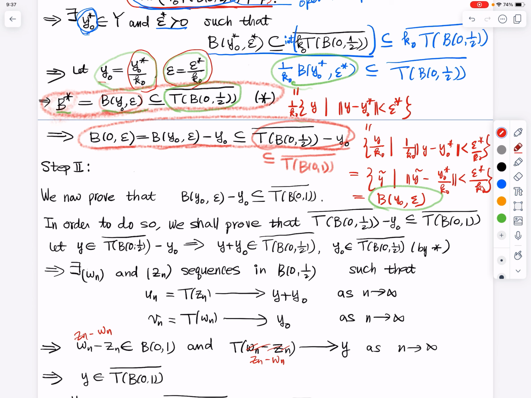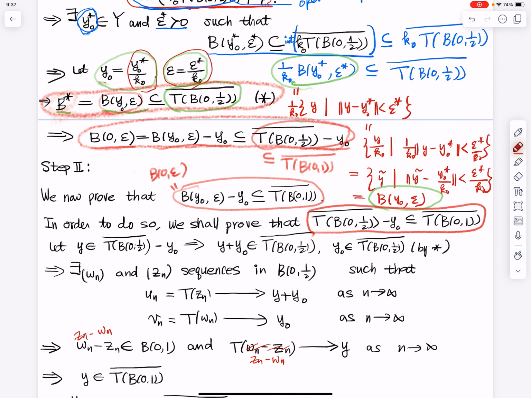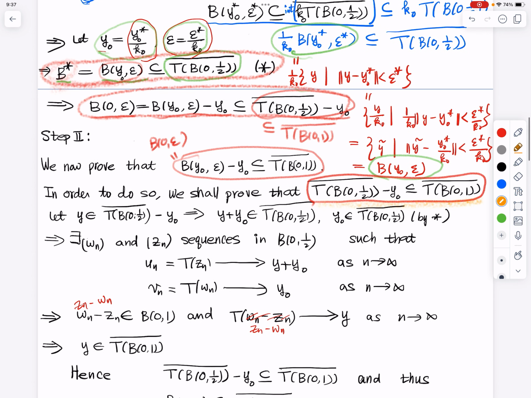So we want to prove that B(0, epsilon) belongs to here. This is our goal. Let me use this. So this is what you want to prove. So let's take any element y belonging to it.